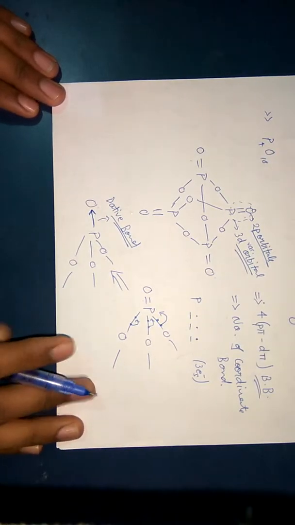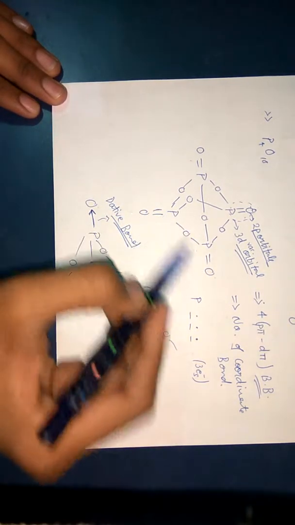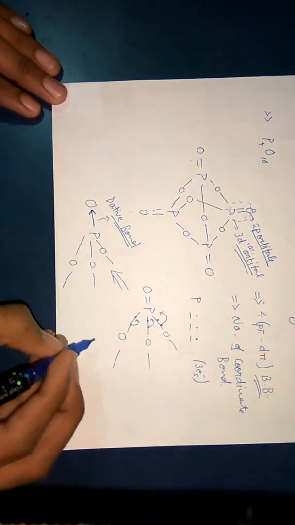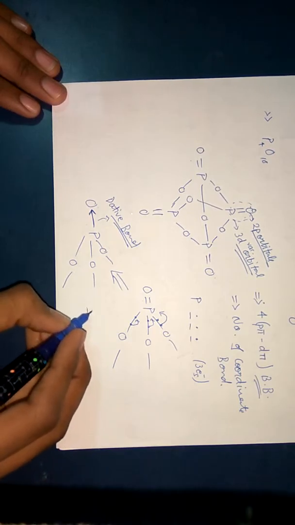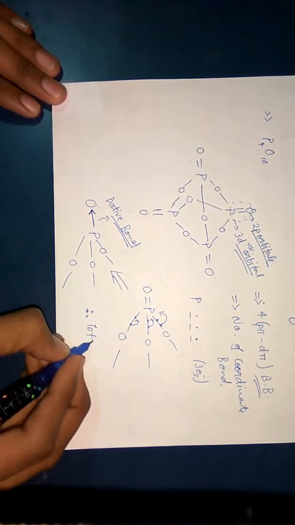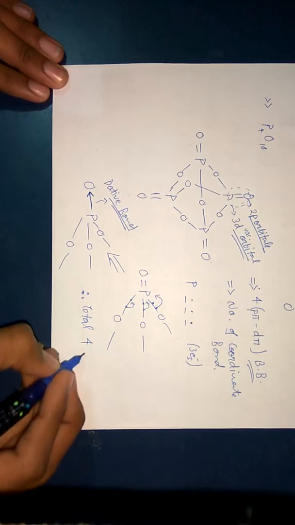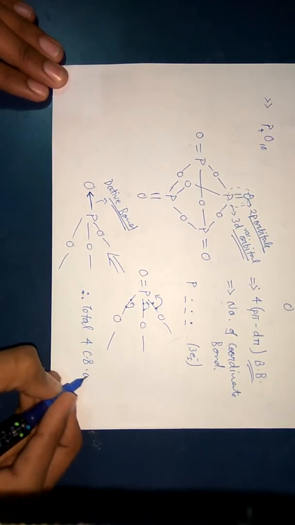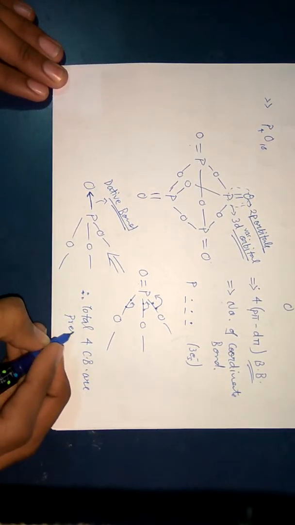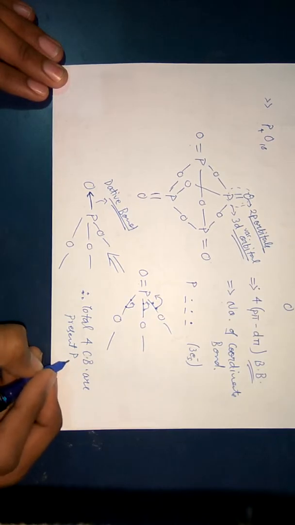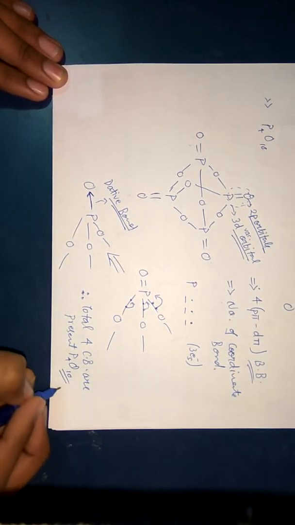So if we look at the structure of P4O10, 1, 2, 3, 4, a total of 4 coordinate bonds are present. Therefore, a total of 4 coordinate bonds are present in P4O10.